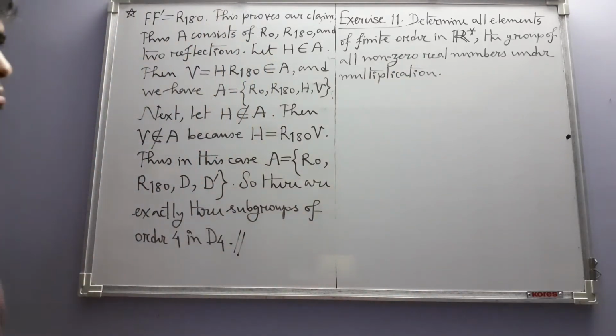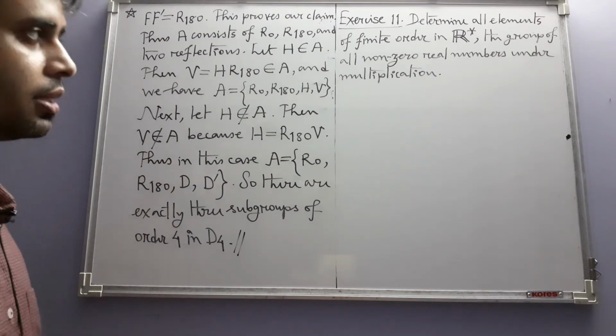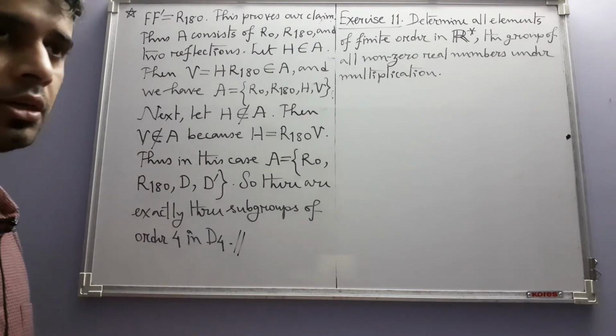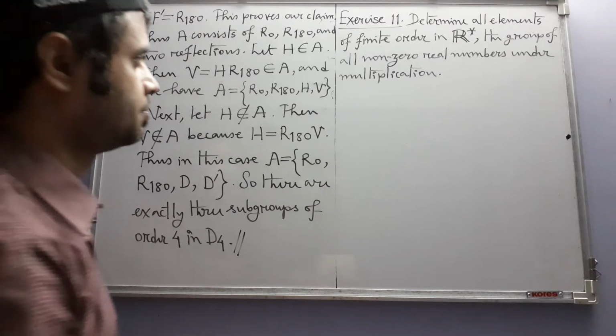Okay, in the multiplicative group of non-zero real numbers, we have to find those elements that have finite order.